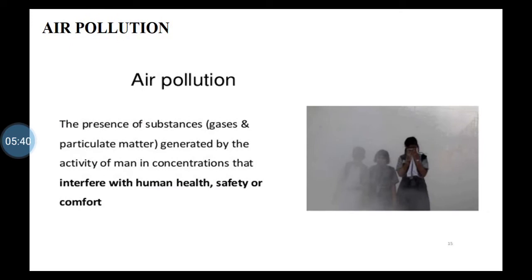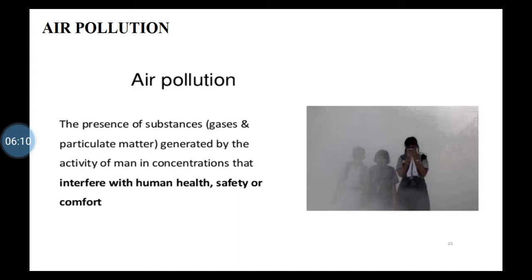Now, air pollution, first of all, we must know the meaning. The presence of substances, in brackets gases or any particulate matter, will include all dust particles, foreign particles also. So, the presence of substances generated by activity of man in concentration that interferes with human health, safety or comfort is called air pollution.